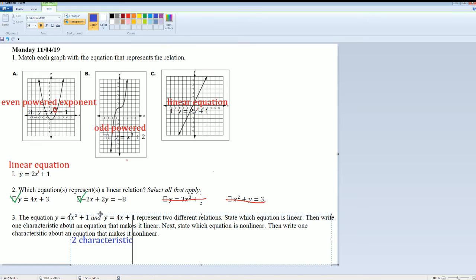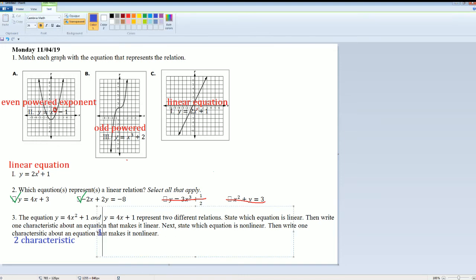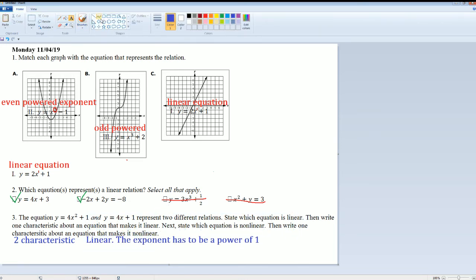The first one would be the exponent. For linear, the exponent has to be a power of 1. It can't be anything else. Nothing more. Also, if it's more than 1, it's basically nonlinear.